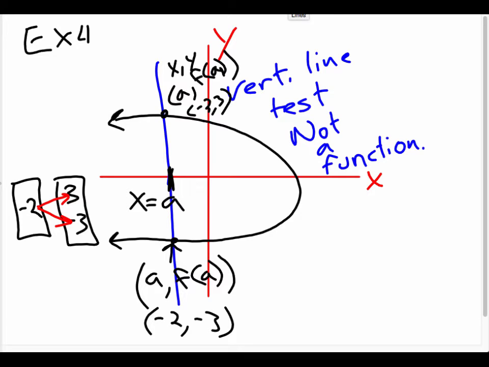If it crosses twice, it's not a function, and how does that relate to the mapping? When it crosses twice, that means one x value is equal to two y values. Perfect. One x value can equal two different y values. You can have two outputs for one input. Does that make sense? Yep.